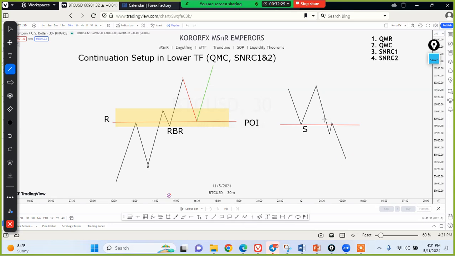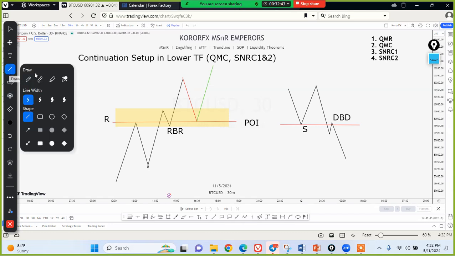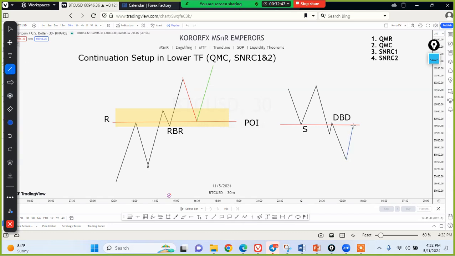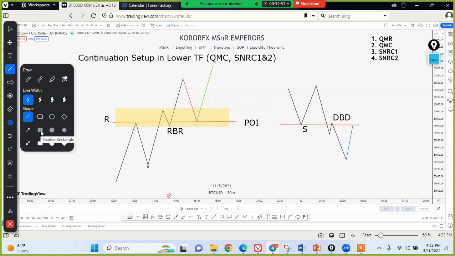So we can see price will form what is called drop base drop. Then price will come back by rallying to this SNR level. Where is your zone? Your zone is the base.